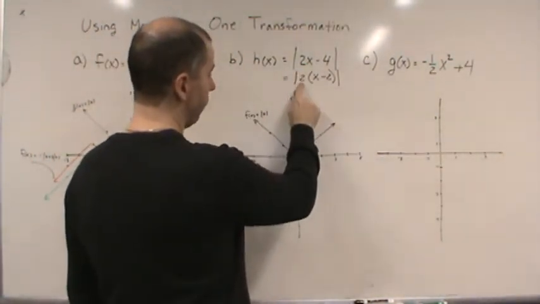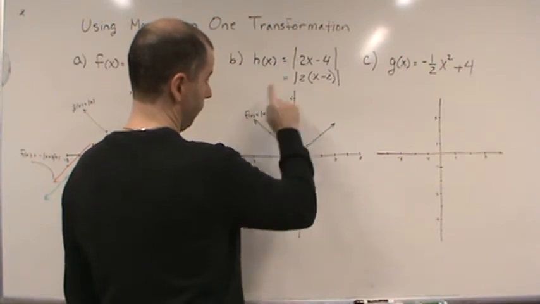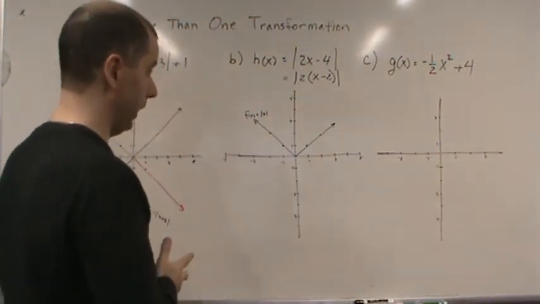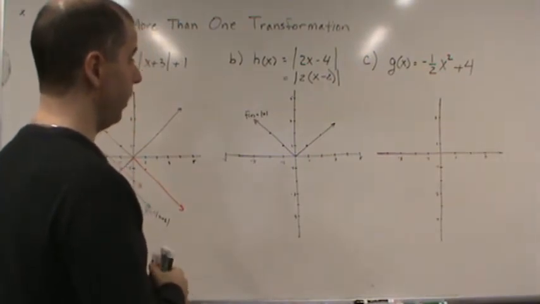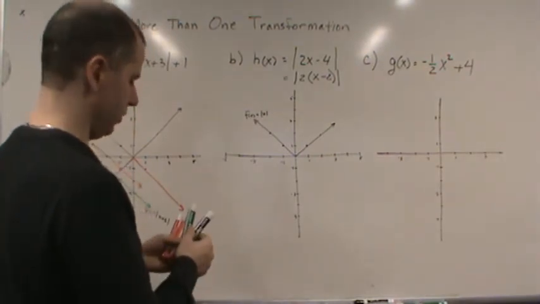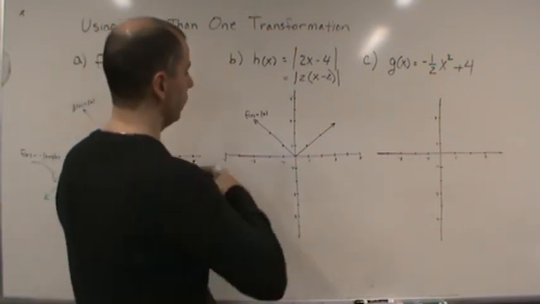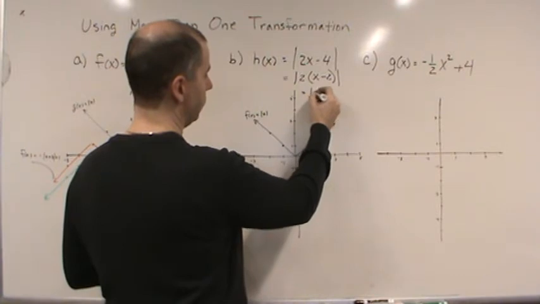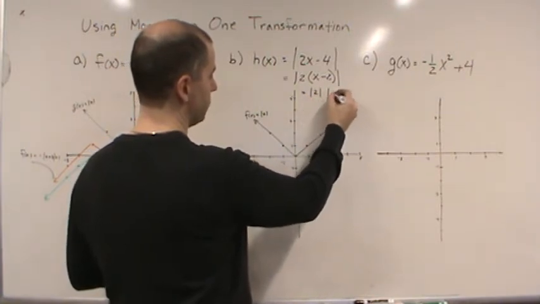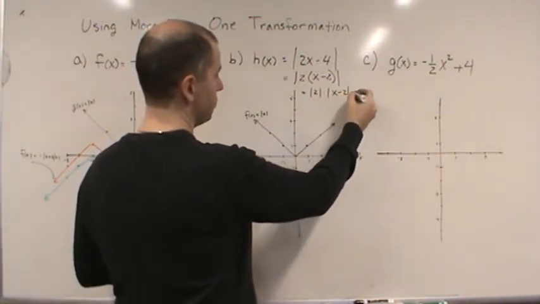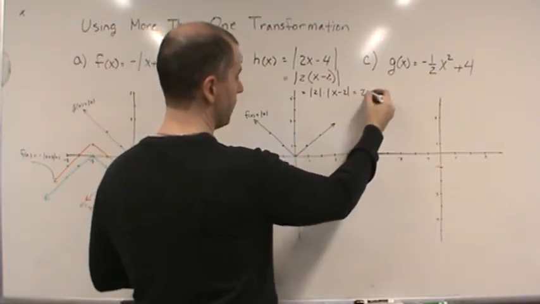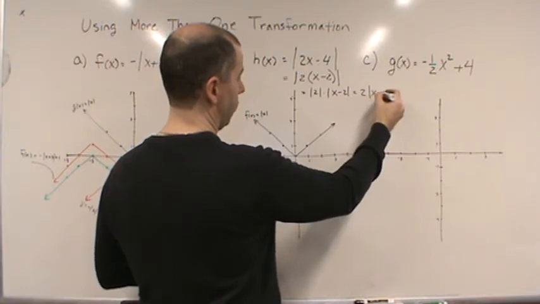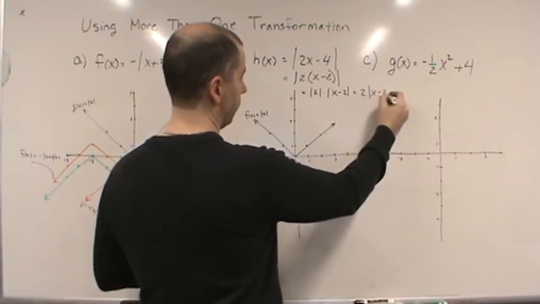You can multiply all the x values by 2. Okay? So you can multiply everything by 2. But here's another thing. Look what we could do. I can rewrite this as the absolute value of 2 times the absolute value of x minus 2, so this is actually 2 times the quantity x minus 2.